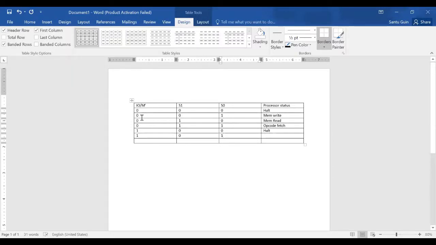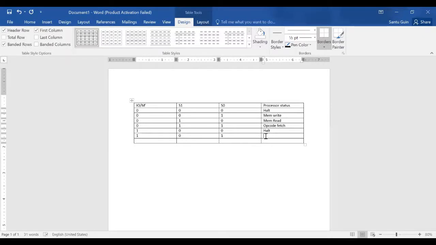If it is 0, 0, 1, it is called memory write. And if it is 1, 0, 1, which operation is it?